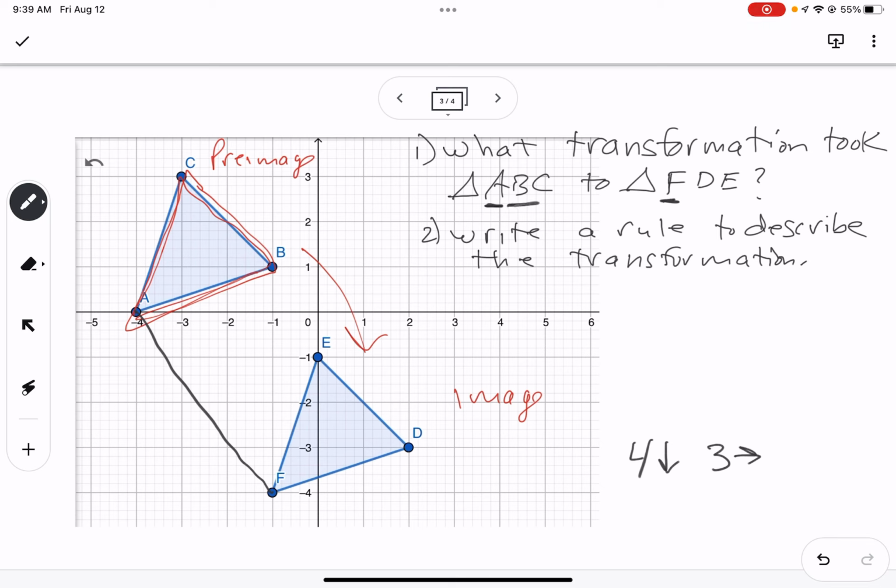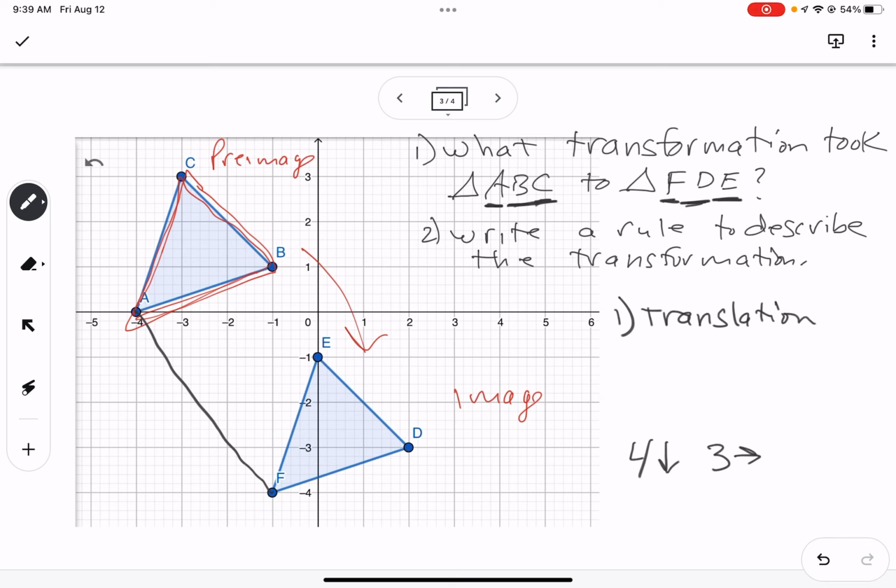We want to map B onto D. 1, 2, 3, 4. 1, 2, 3. Check. Okay, let's map C onto E. 1, 2, 3, 4. 1, 2, 3. Check. This is definitely a translation.